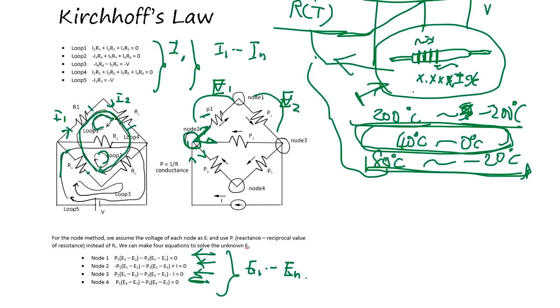And these are equivalent methods, and sometimes the node method is simpler, sometimes the loop is simpler, depending on the configuration of the circuit.